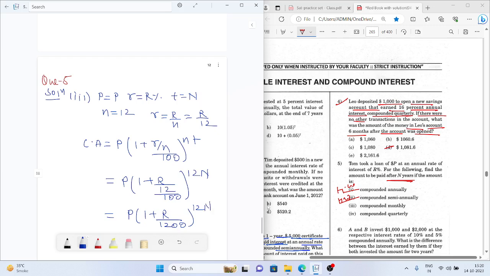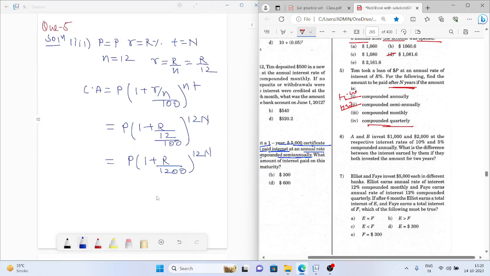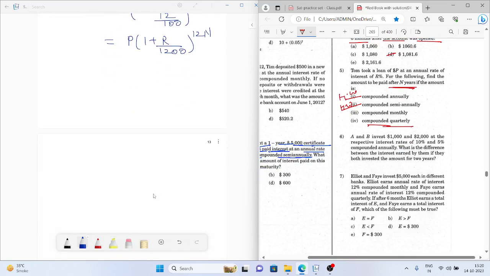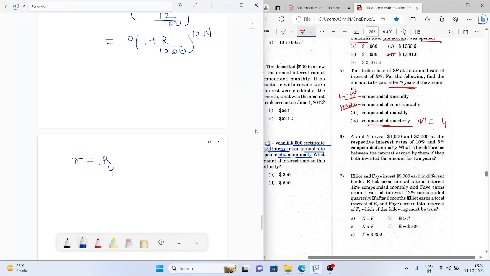Okay. Similarly, when you calculate quarterly, what is it for quarterly? For quarterly, you put N equal to 4 in the same formula, and the effective rate of interest for quarterly is R by 4, right? And T is N years.